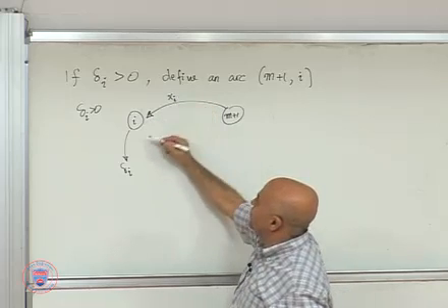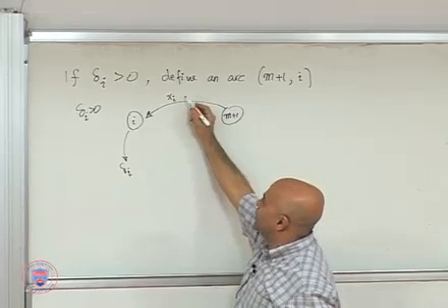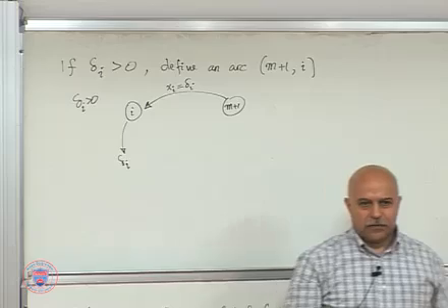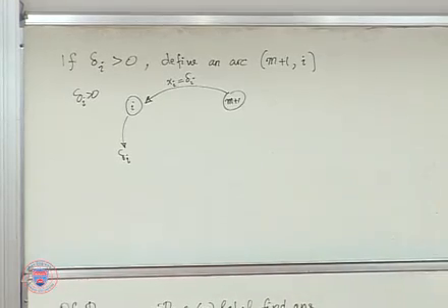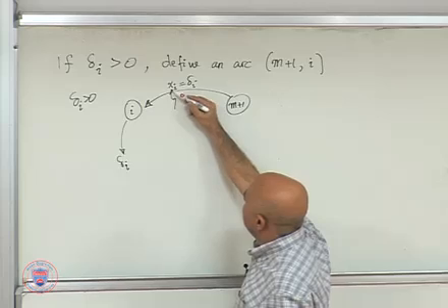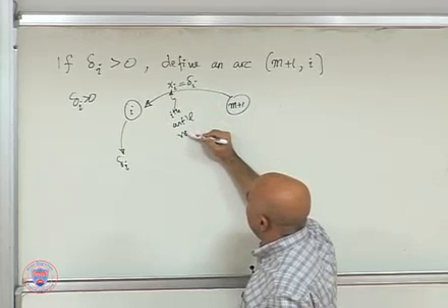So there's an artificial variable, call it, say, x m plus 1 i, whatever you want to call it. It's going to assume the value delta I. That's what is going to happen, okay? So this is the ith artificial variable.